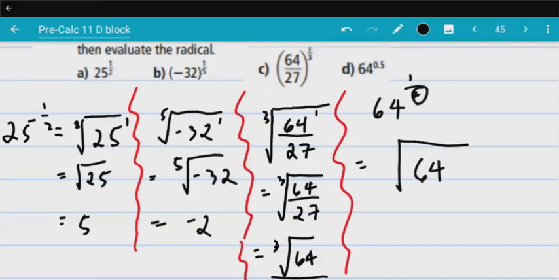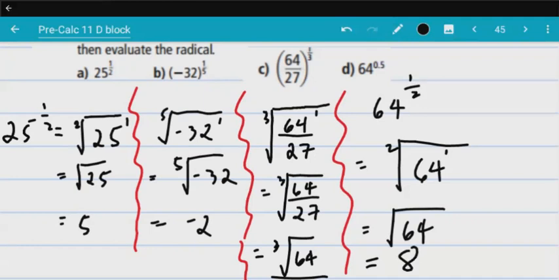The denominator of 2 of your exponent becomes your index, and the numerator of your exponent becomes your power for your radical, and really you can just turn it into the square root of 64, and that would be an 8.